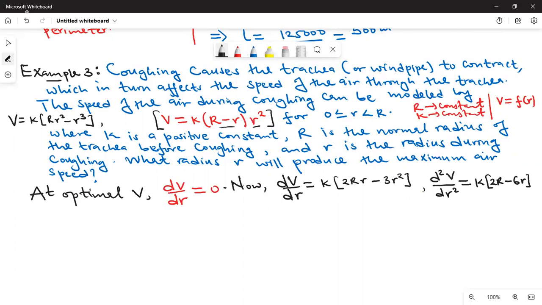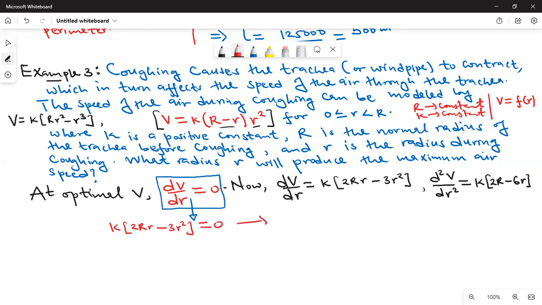Look at the first derivative. When we equate it to 0, what are we going to get? Therefore, that equation will now look like this: k times 2r times the small r minus 3r squared should be equal to 0.